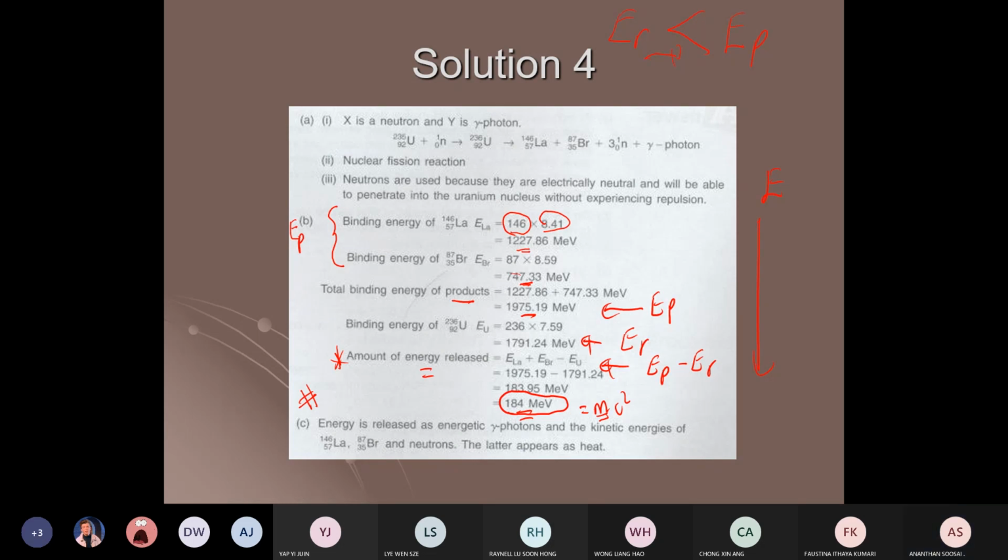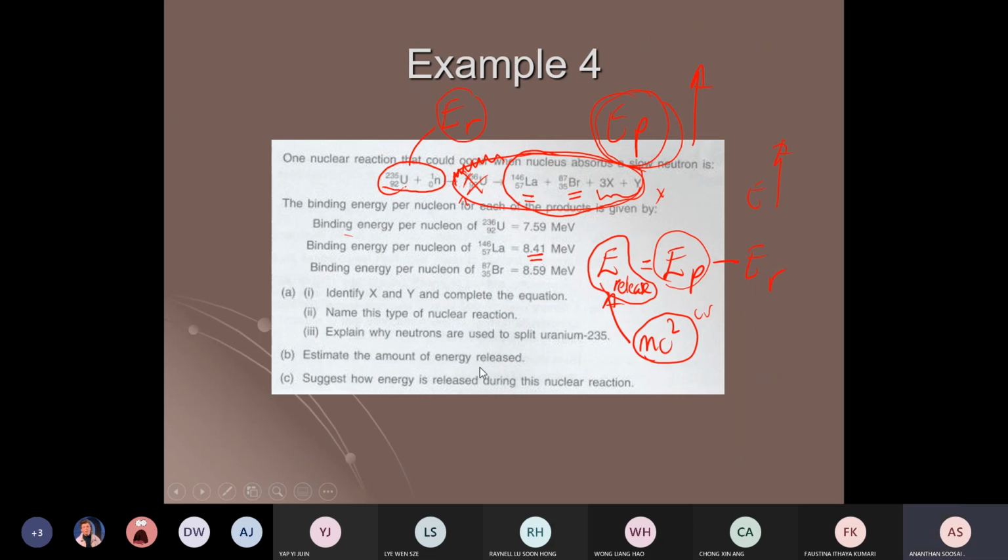Now the energy release suggests how energy is released during this nuclear reaction. In what form is the energy released?